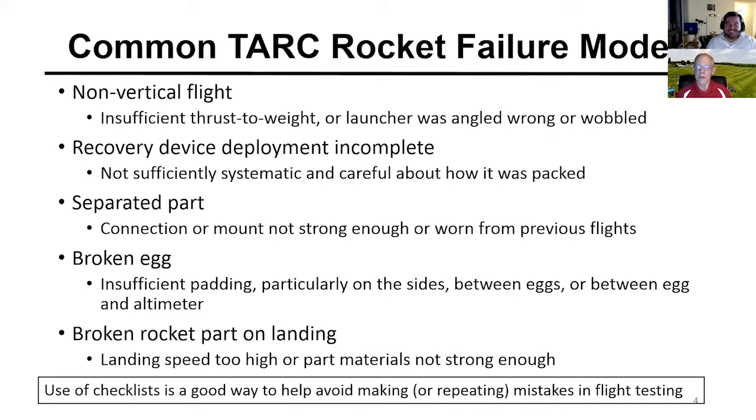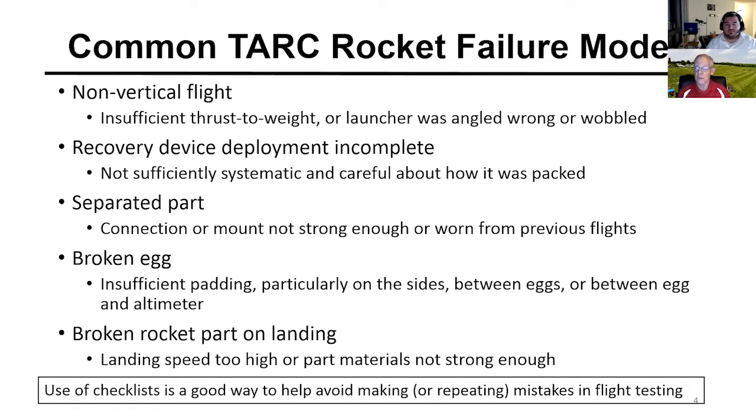Non-vertical flight. Why does non-vertical flight happen? When you pointed the launch device straight up, hopefully you're using a rail, you have to at the finals. Well, you might have too light a thrust to weight ratio, where the rocket staggers into the air at low velocity and is very subject to wind, crosswinds, and just doesn't go vertically.